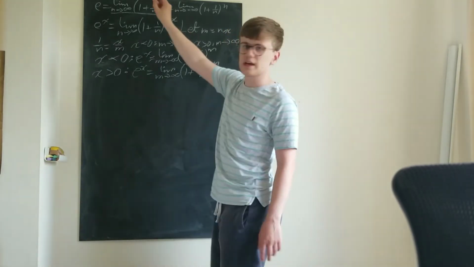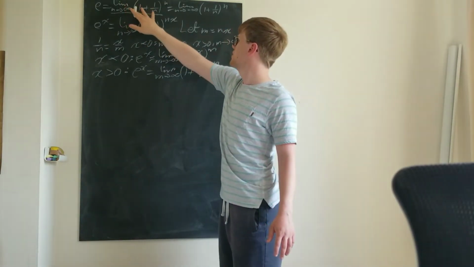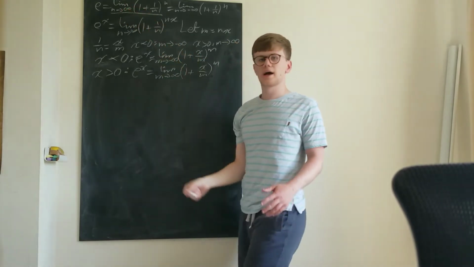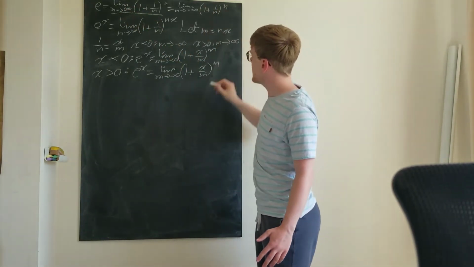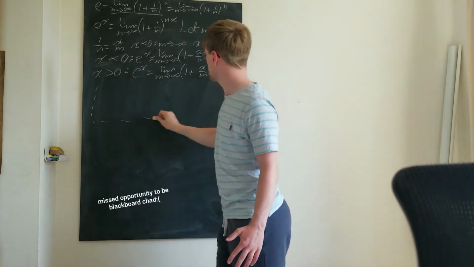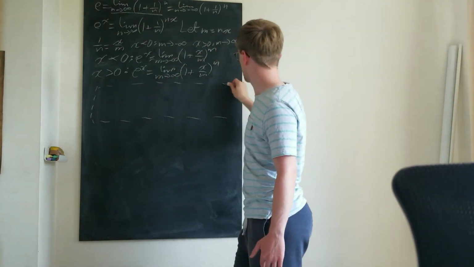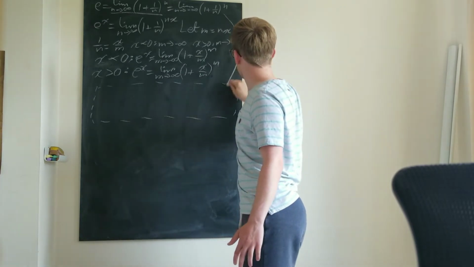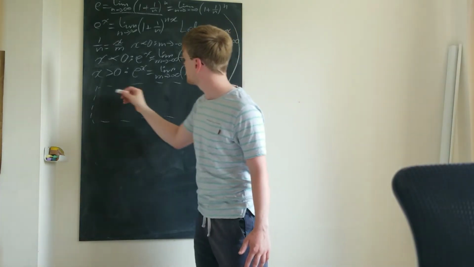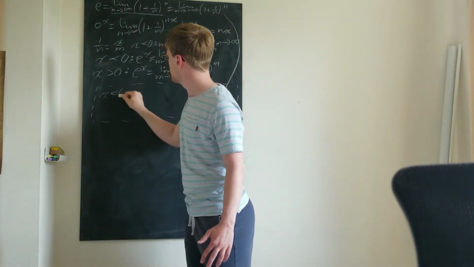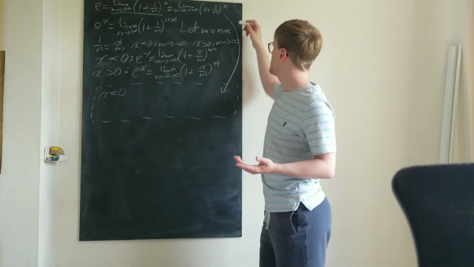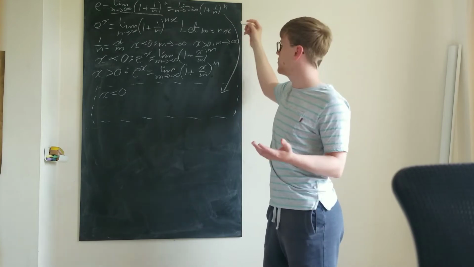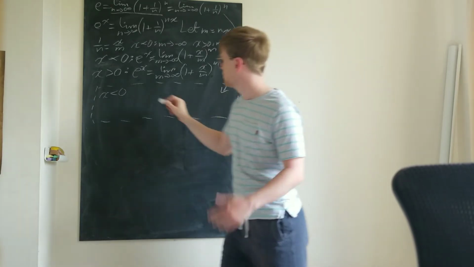However, that's just using this definition of e here, the limit as n approaches infinity. If we use the limit as n approaches negative infinity, I'll draw this in another box, then this gets us x less than 0, again letting m equal nx. This time if x is less than 0 and n approaches negative infinity, then m will approach positive infinity.